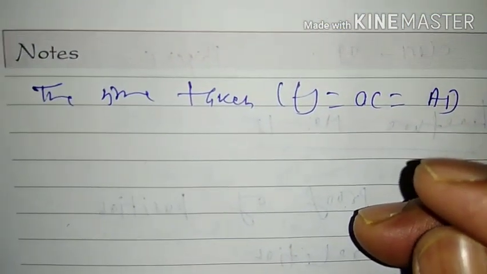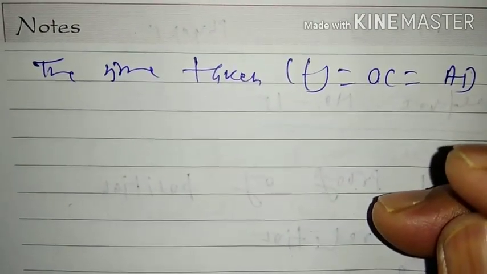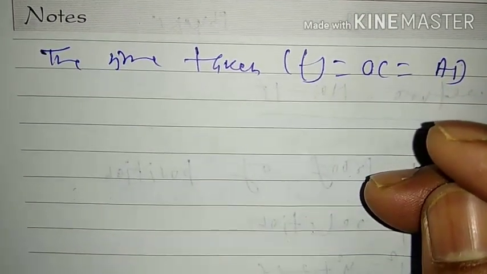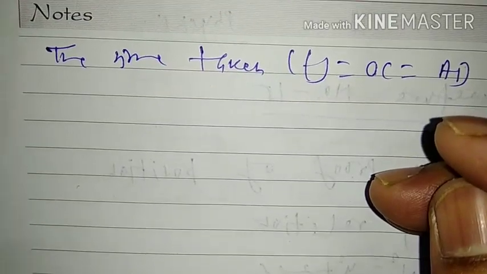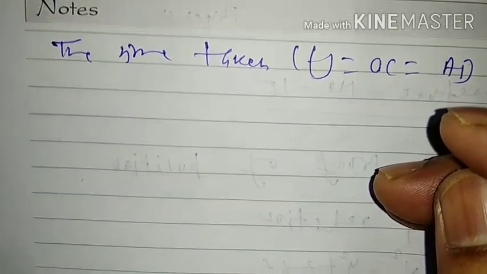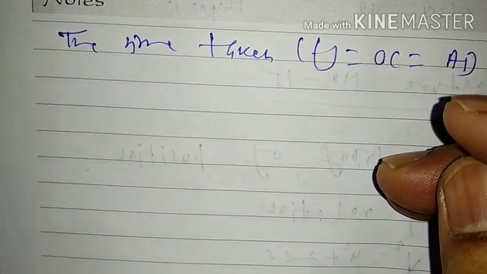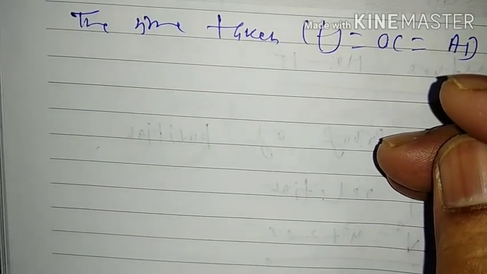Now, applying the previous knowledge, we know that the geometrical area between the velocity time graph and the time axis gives us distance.